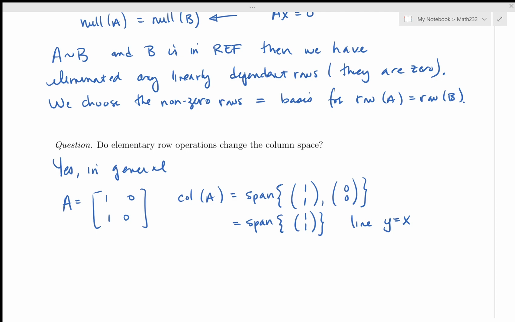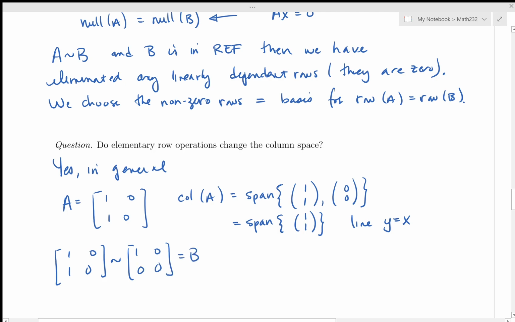Okay, now let's take a look at row reducing A. I can do a row operation, precisely take R2 and replace it with R2 minus R1. Let me call that B. So I've done one row operation and I've changed A into B. Now I'm going to look at the column space of B. The column space of B is equal to the span of 1, 0.